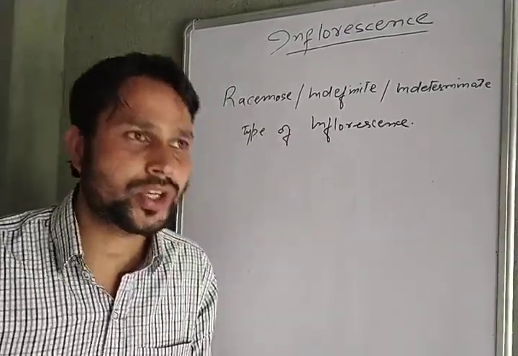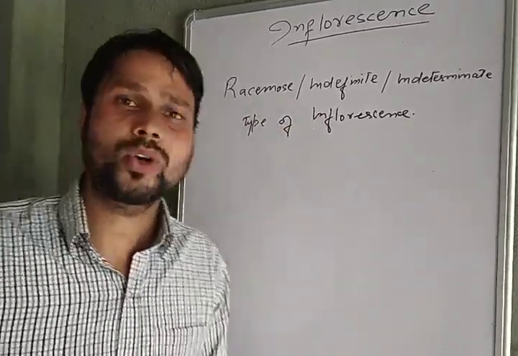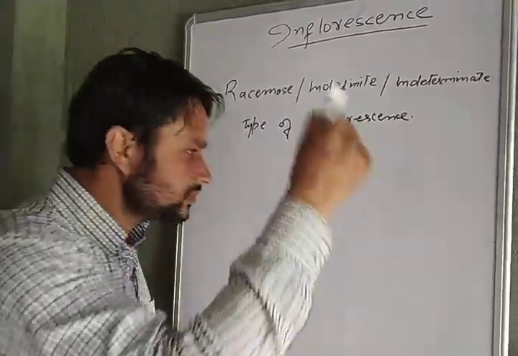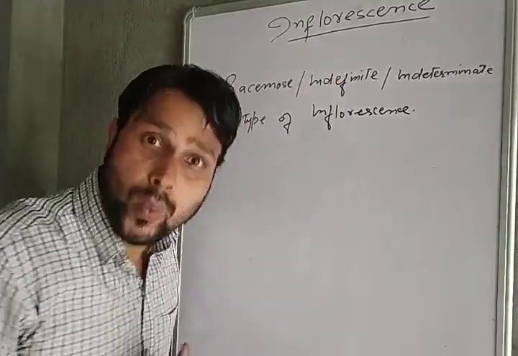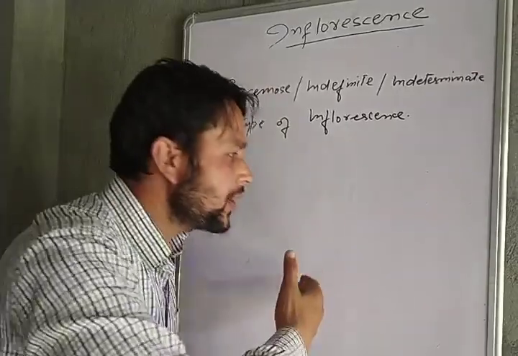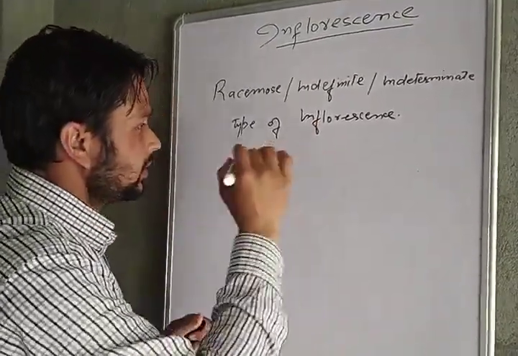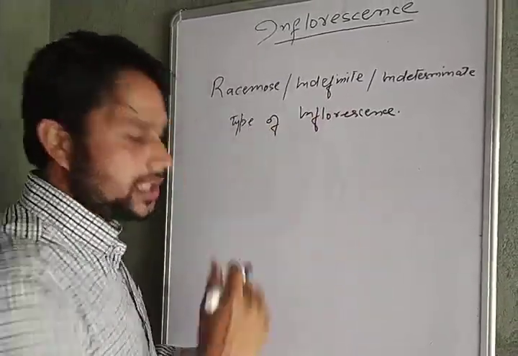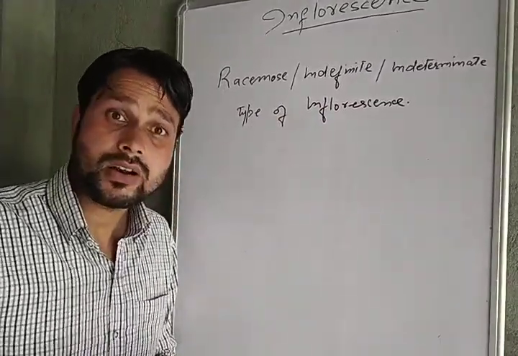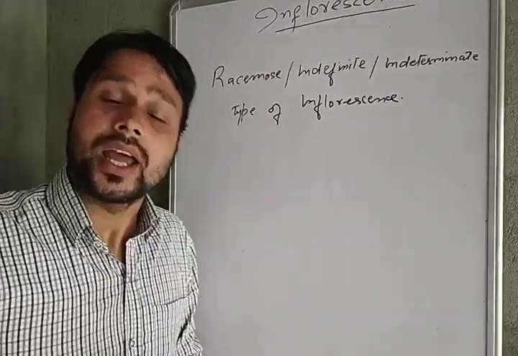What is the racemose type of inflorescence? It is that inflorescence where the floral axis continues to grow. The floral axis grows continuously, and the flowers are arranged or attached in an acropetal manner.